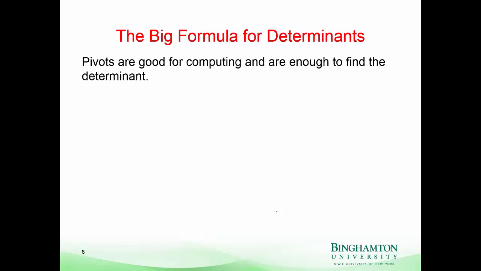If you ask a computer program that is designed properly for finding determinants to find you a determinant, it will compute it by first finding all the pivots and then using those pivots to find the determinant. So pivots are good for computing the determinant, but sometimes it's interesting and useful to see how the determinant connects directly to the elements, rather than from the pivots, which come after you've done a bunch of row reduction.